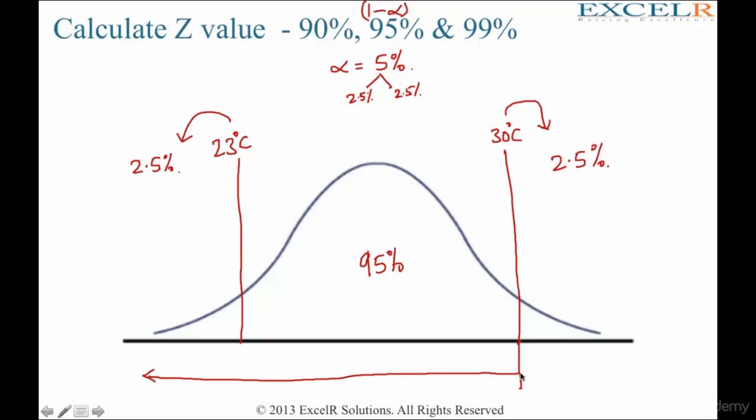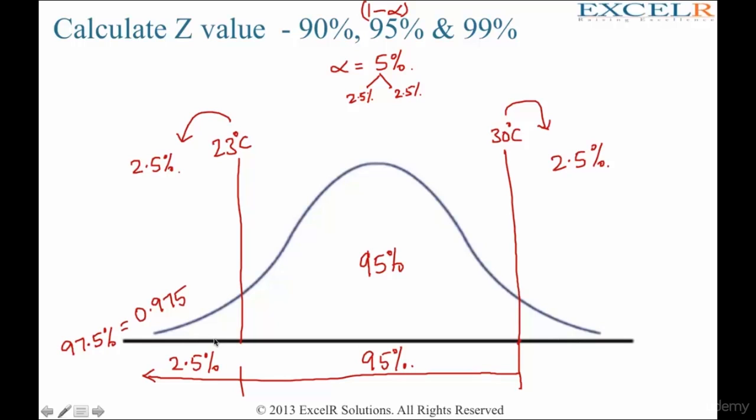So if you traverse from here until here, you have 95%. And from here until here, you have 2.5%. So if I combine these two, it is 97.5%, which can be written in number format as 0.975.